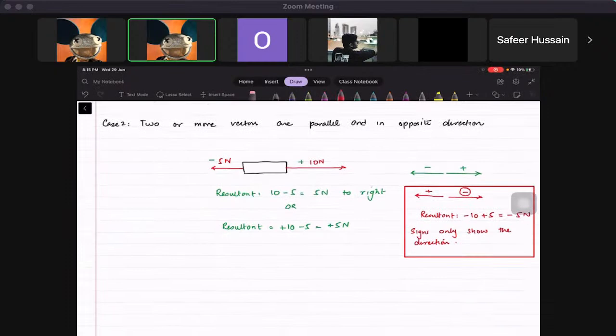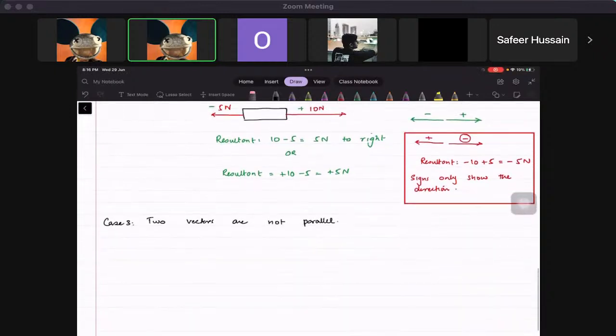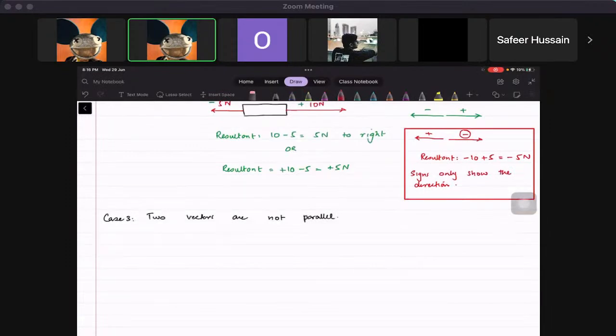Now the real problem comes when the two vectors are not parallel. And when this comes, you have to actually use one of these methods to solve it. So suppose we have the same body.